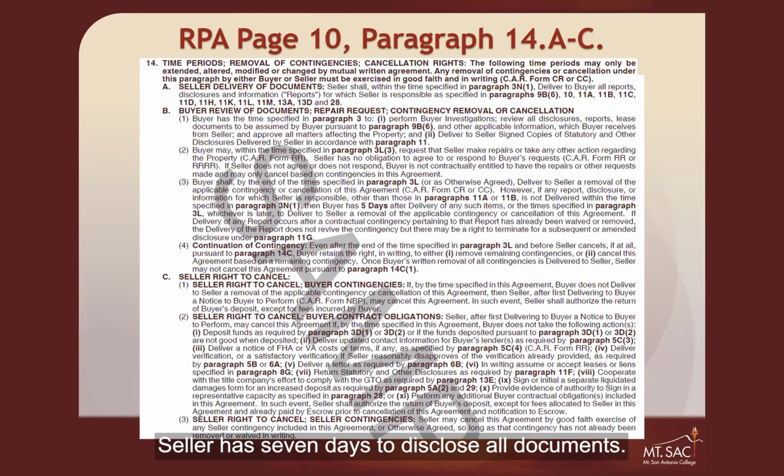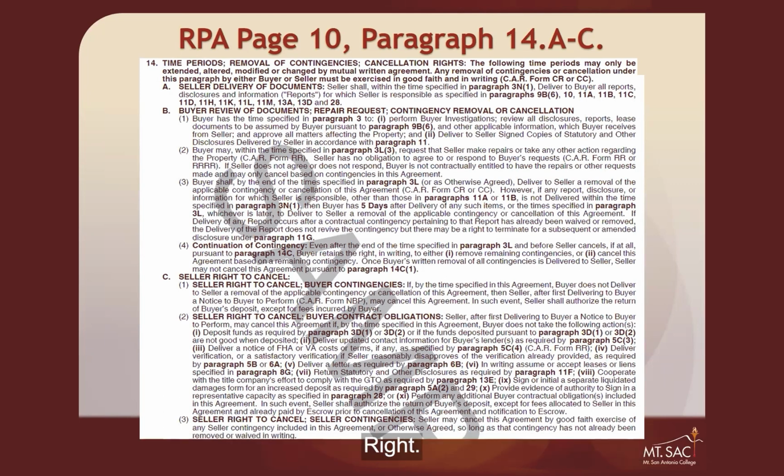Okay. Seller has 7 days to disclose all documents, all disclosures, give everything to the buyer. Now, it doesn't actually say 7 days here in paragraph 14A because it's back in paragraph 3N, right?